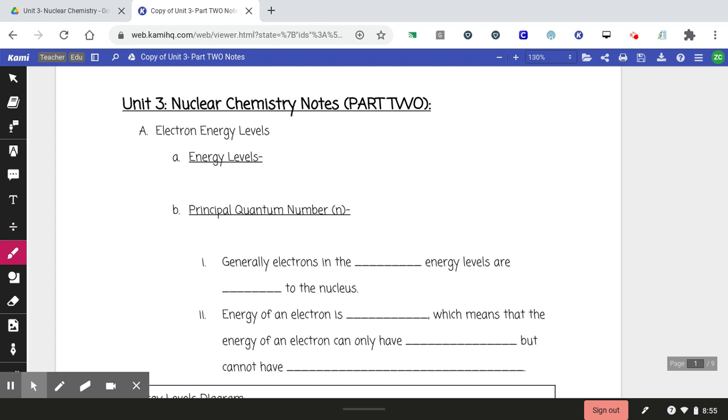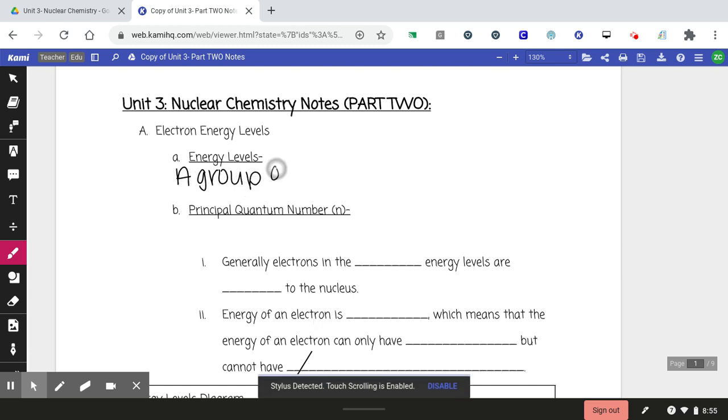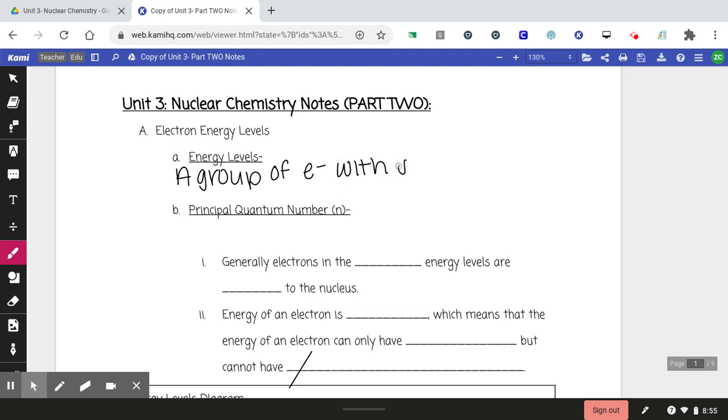We're going to start off with something called energy levels, and these are a group of electrons with similar energy. When we have electrons in the same energy level, that means they're going to have about the same amount of energy as each other.